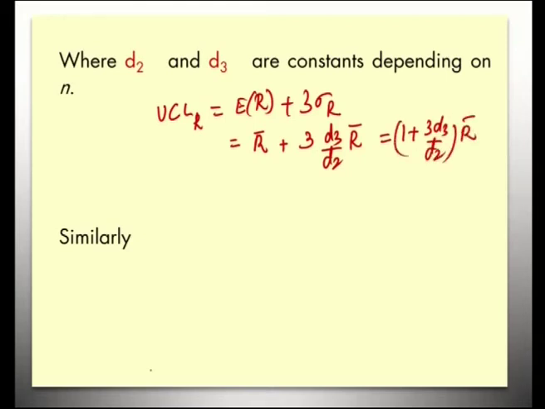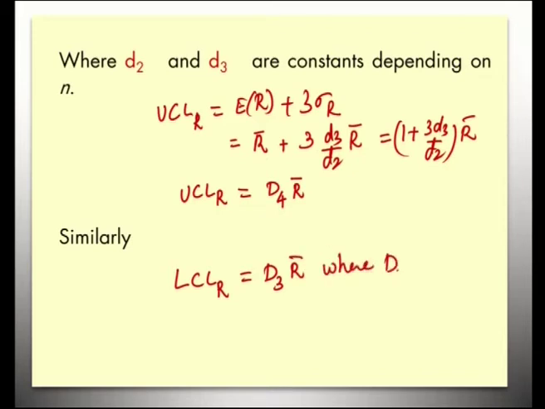Instead of calculating d3 and d2, we will just write UCL of R is equal to capital D4 into R bar. Similarly, LCL of R is capital D3 into R bar, where capital D3 is equal to 1 minus 3 d3 by d2, and D4 is 1 plus 3 d3 by d2.